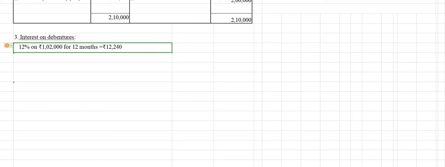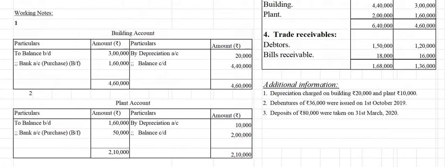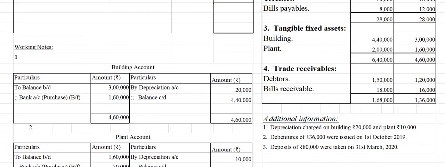So 1,02,000 into 12 divided by 100. 1,02,000 into 12%, so 12,240. And 36,000 is issued on 1st October.